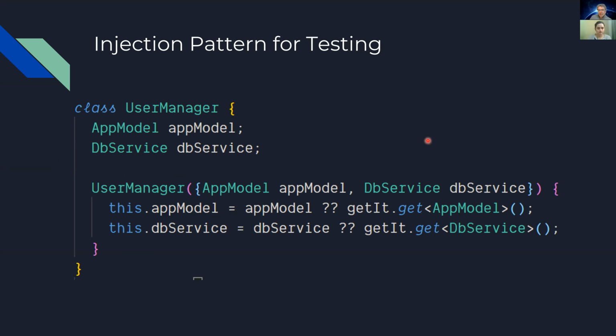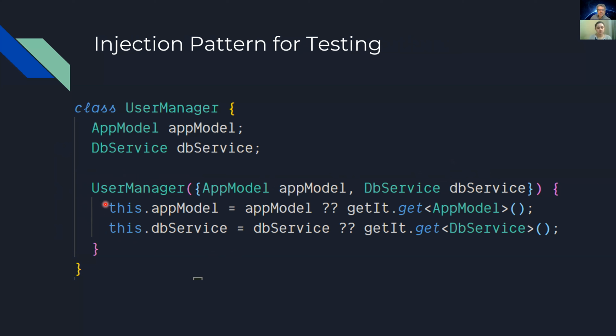Some people don't like the idea that you have to set up getIt when you do unit testing, and for this, this pattern here is quite useful. The idea is that you give your objects optional parameters, in this case, for example, the app model and the database service.